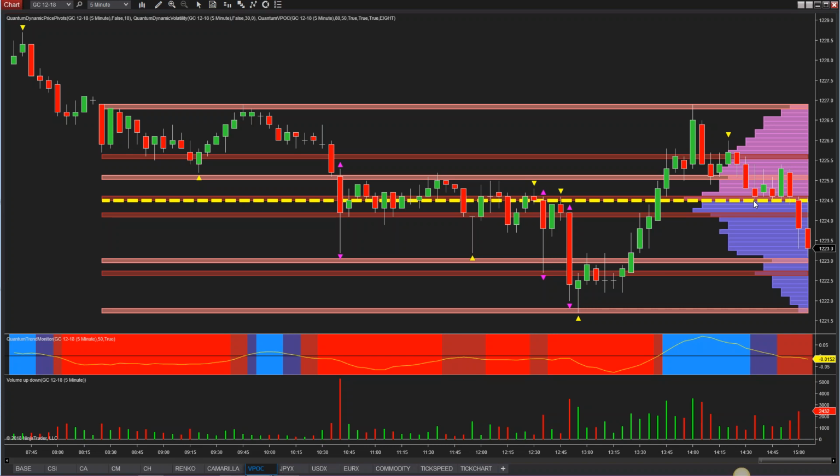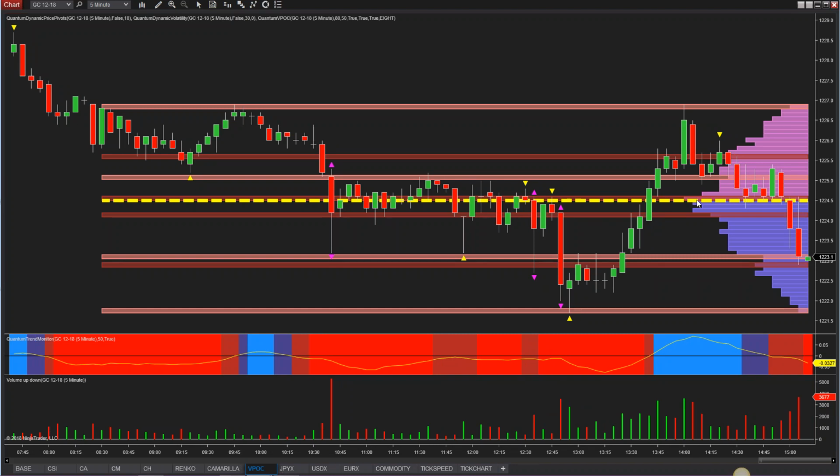What the volume point of control does is really take the volume message from this linear relationship where we're looking at volume and price, and swing it up onto the x-axis here. So this volume profile is really showing you the levels of volume that have been built in those areas of price. Where you have a lot of concentration of volume, that is where the volume point of control itself sits, which is this dashed yellow line.